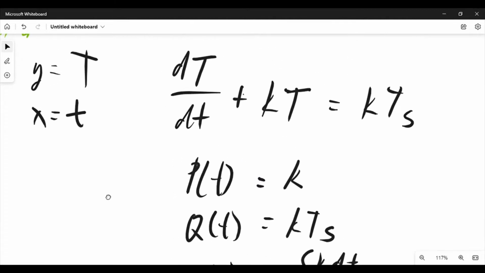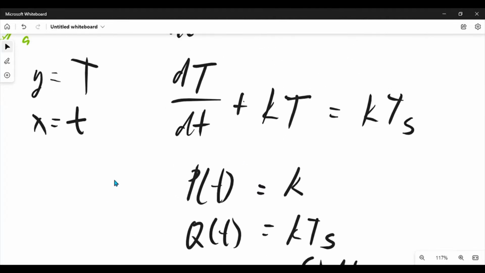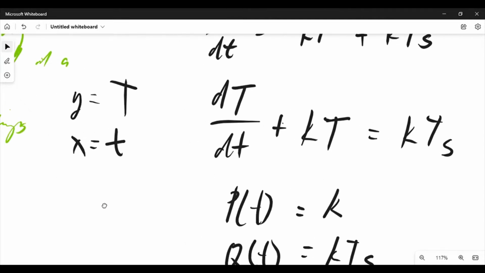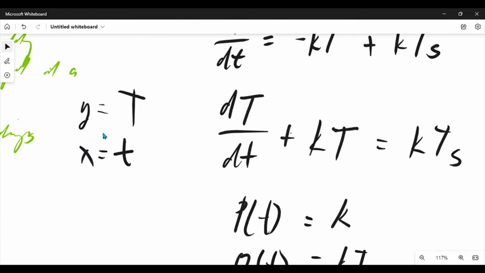But since in this Newton's law of cooling we will be using the symbol for the temperature and time, if we compare the first order linear differential equation, your y is equivalent to the temperature T, and your x, the independent variable, is equivalent to small letter t referring to time.